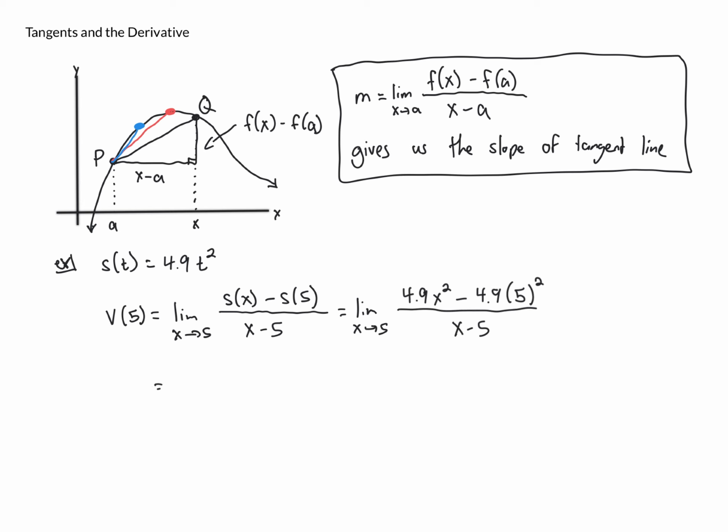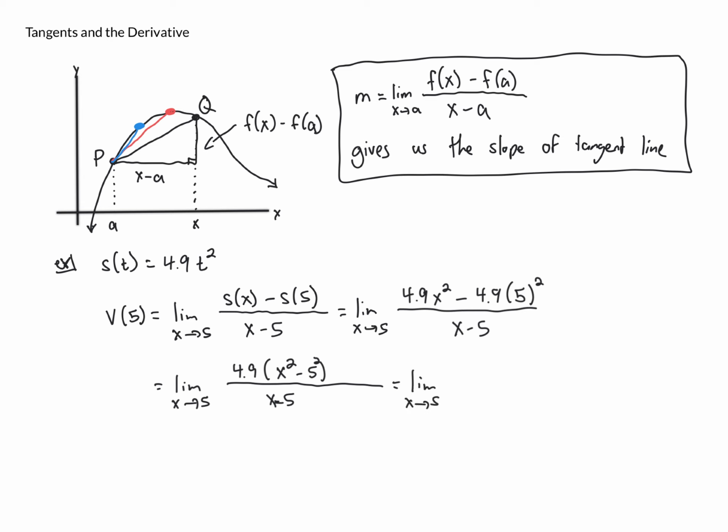Now, in that numerator, we can factor out the 4.9, and that's going to give us 4.9 times x squared minus 5 squared, all over x minus 5. Beautiful.